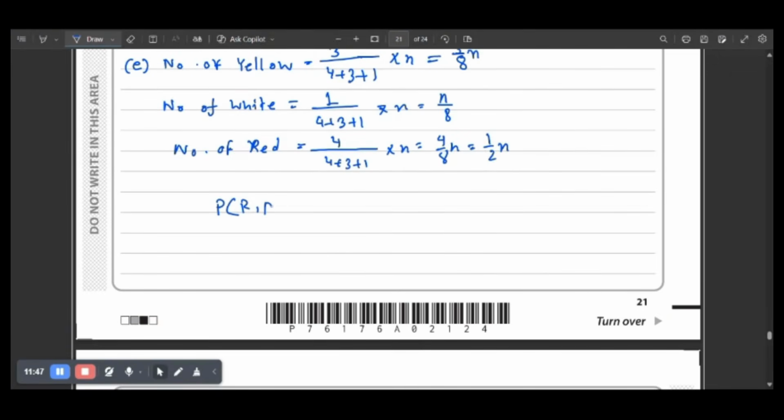The probability of choosing a red, then a yellow bead, and then a white bead is given in the question as 3 divided by 235.